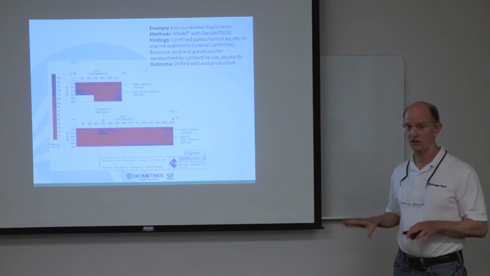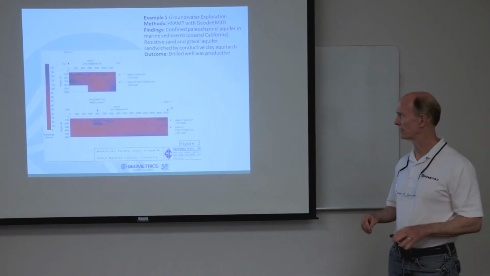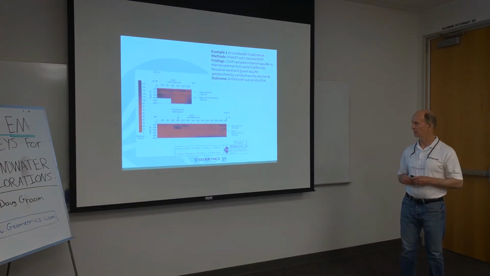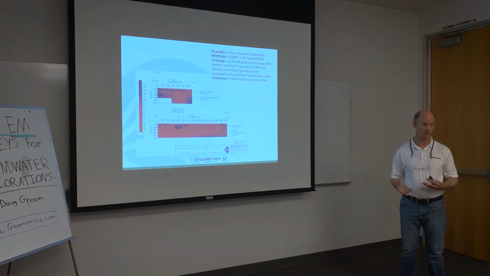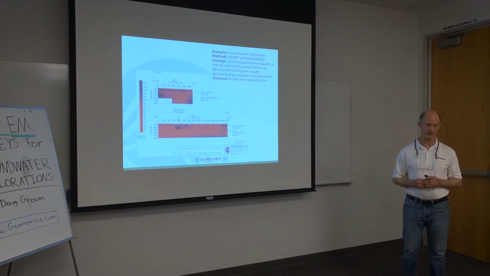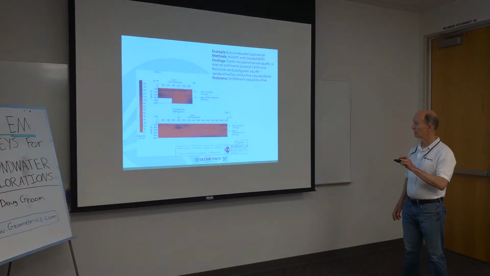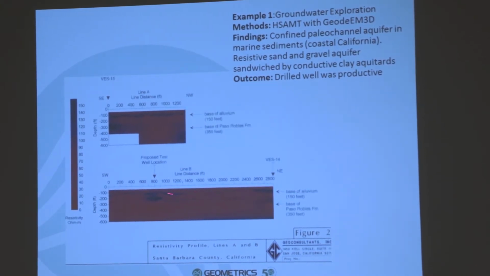These marine sediments are heavily clay and silt content, which tend to be electrically conductive. The sand and gravel channels tend to be electrically resistive. So we are looking for a resistor sandwiched between two more conductive layers. And what we see here are a number of changes in the geologic horizon.